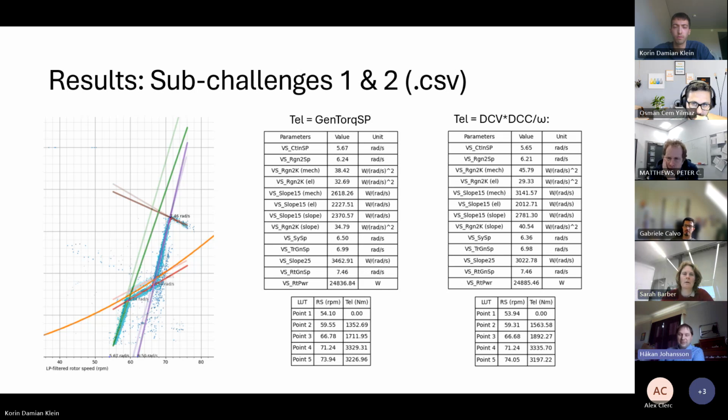Yes, we kind of know them, but they are tuned. They are more chosen based on the generated torque set point, and that is not exact but quite a good comparison with this T electric here, which is very similar to what Alex and so on used.